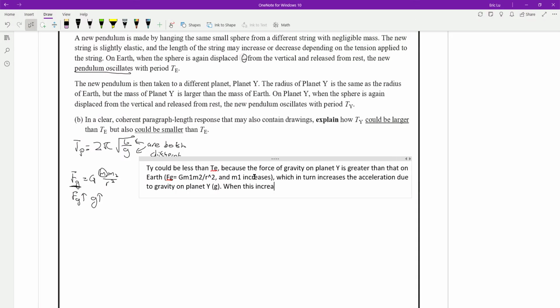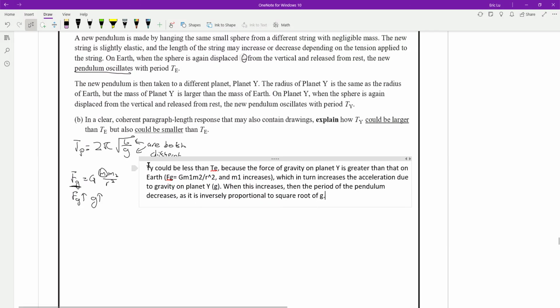When this increases, then the period of the pendulum decreases, as it is inversely proportional to g. Inversely proportional to the square root of g.